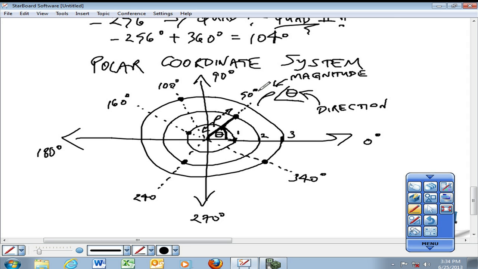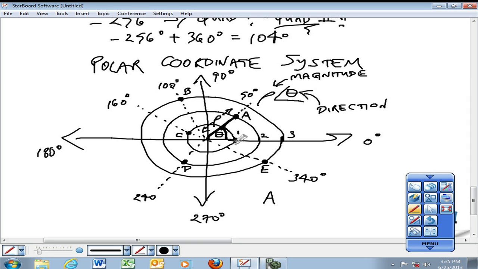So if these were A, B, C, D, and E, the next thing is to describe the magnitude and direction of these various points on our polar coordinate system. Let's do the first one. We'll just do alphabetical order.